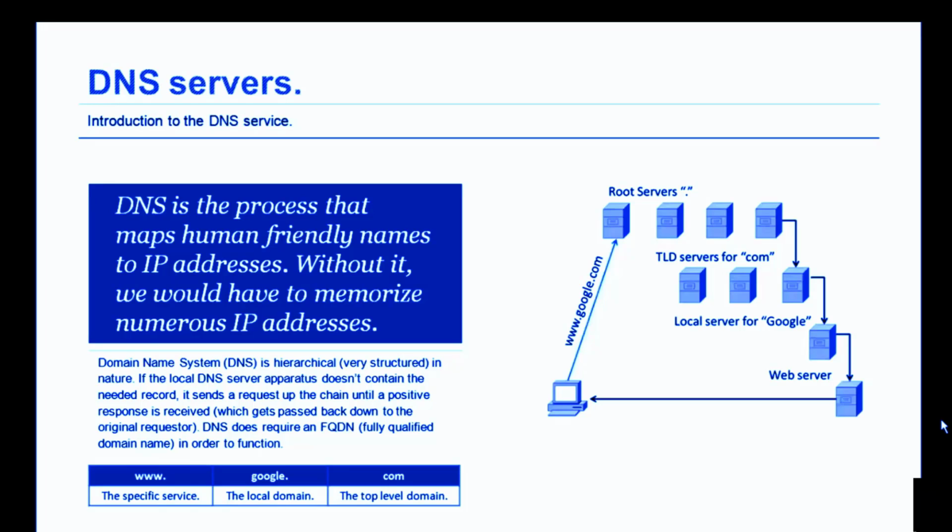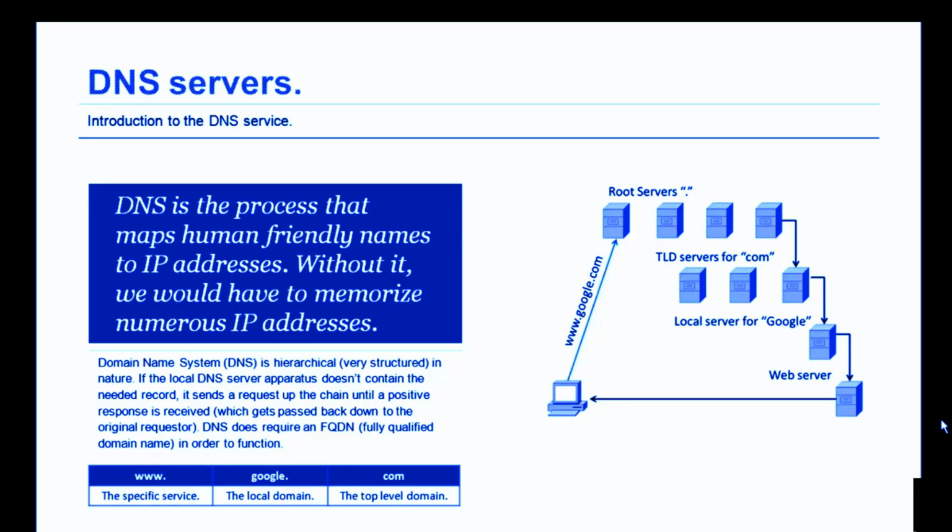Now, DNS does require that an FQDN, fully qualified domain name, is used in order for it to function properly. An FQDN is www.google.com. It's that naming convention right there. The www is the specific service that's being requested.